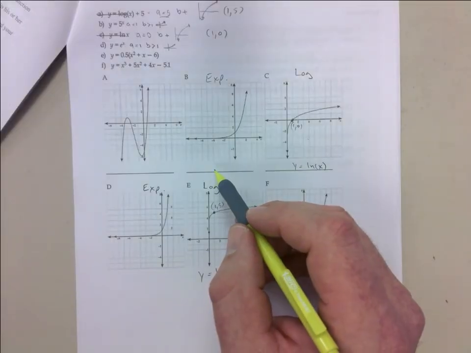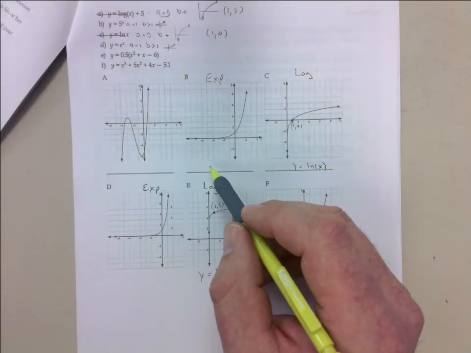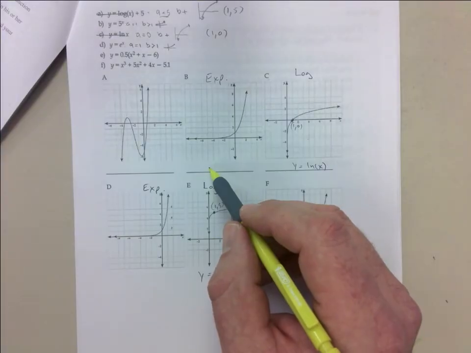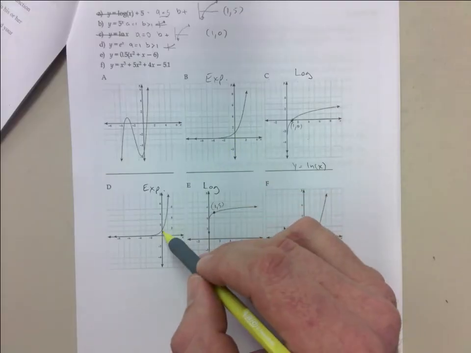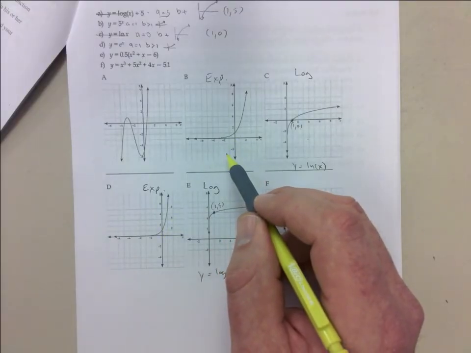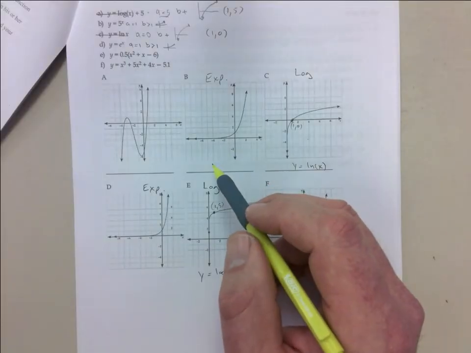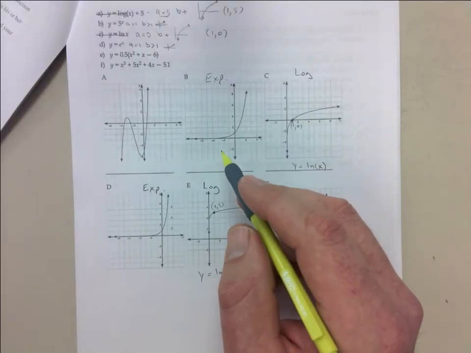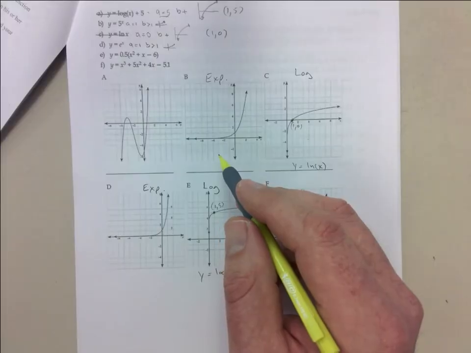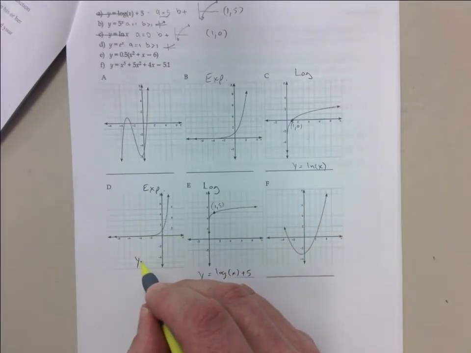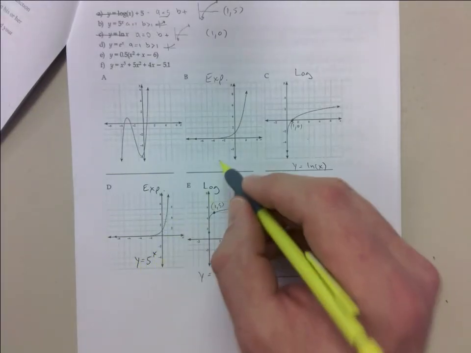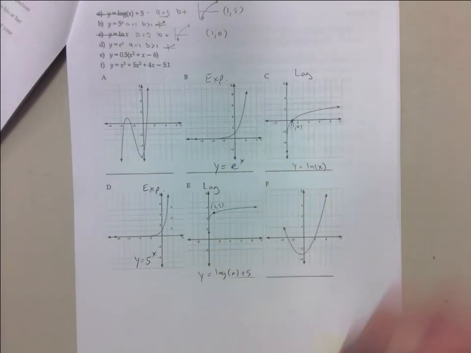Which one do you think is y is equal to 5 to the x? Which one is going to be steeper? 5 to the x or e to the x? 5 to the x is going to be steeper. Okay, so y is equal to 5 to the x, and this one is y is equal to e to the x.